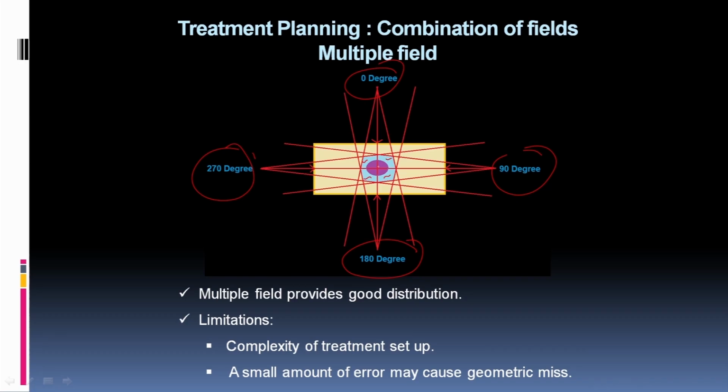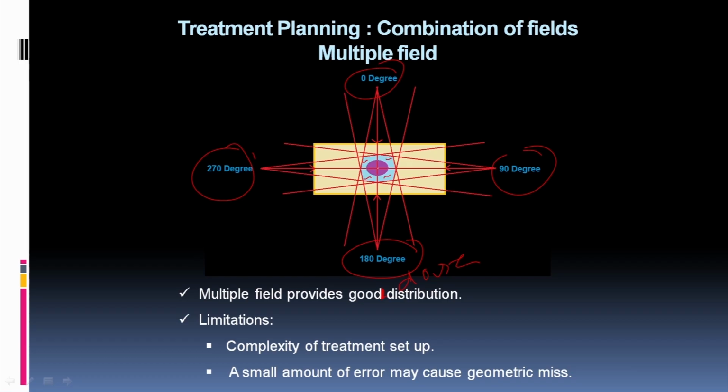This multiple field provides a very good dose distribution, but the limitation is that this is a complex treatment setup, and the reproducibility of this setup needs to be very accurate, with quality assurance and a treatment verification system, so that we can accurately treat the patient and fix this isocenter daily.